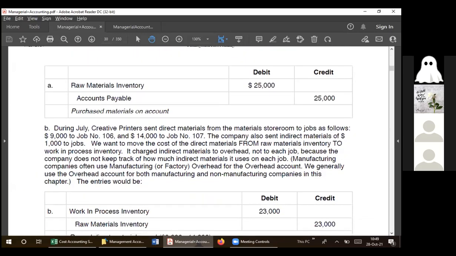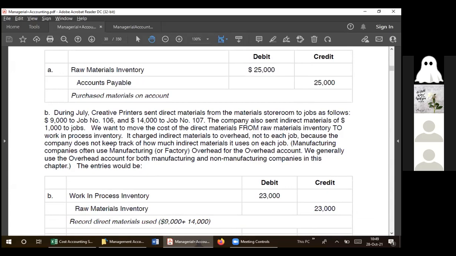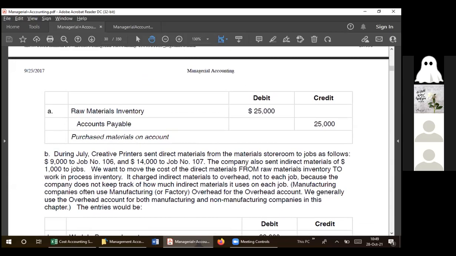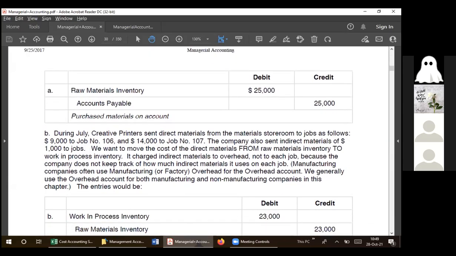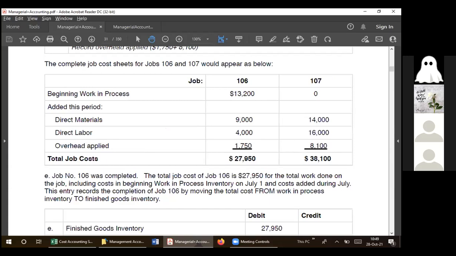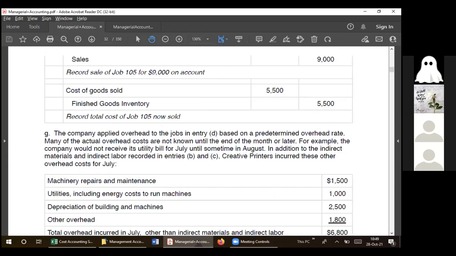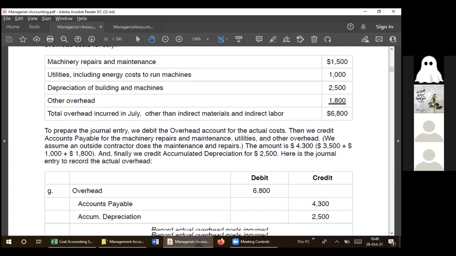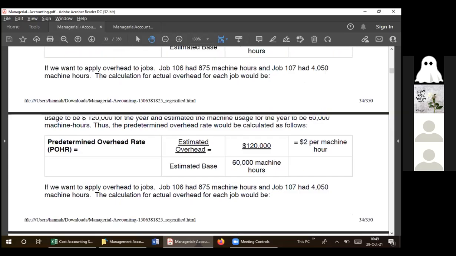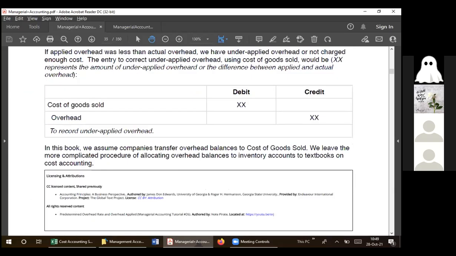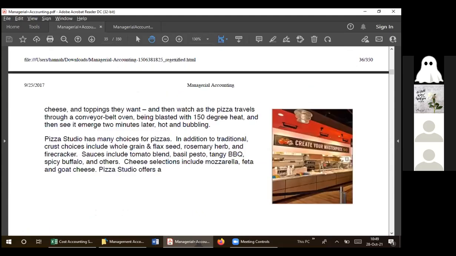So they are looking at the same thing here. Raw material inventory, accounts payable, debit. Let's see if they have similar problems.